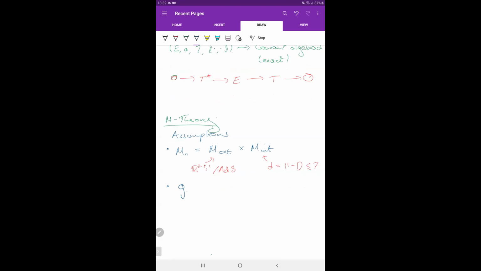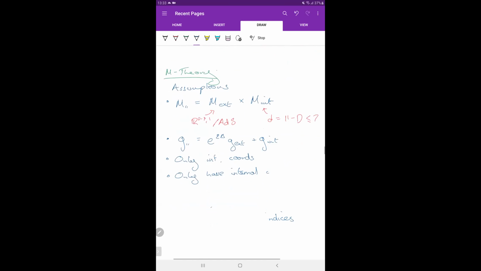So I'm also going to assume the full 11-dimensional metric takes a warped product form, and that it only depends on internal coordinates, and that I only have internal indices on my fields, which roughly means that I can restrict to just the internal manifold. And from now on, I'm not going to say any more about this. I'm just going to assume that we're working on this internal manifold.